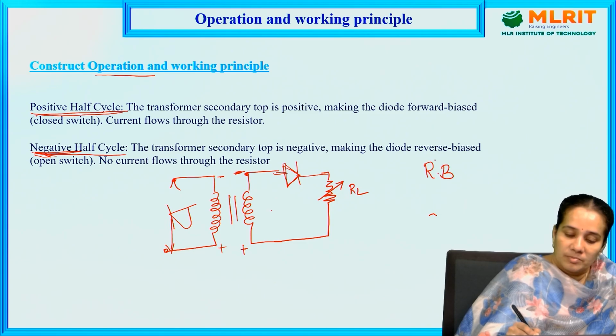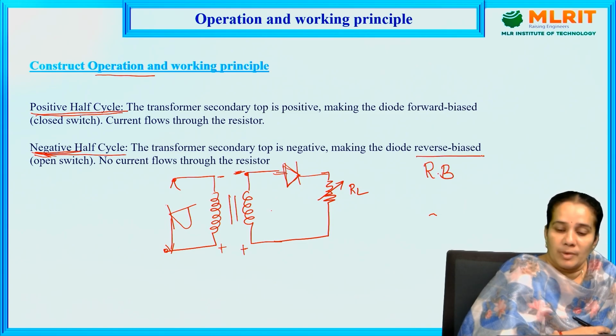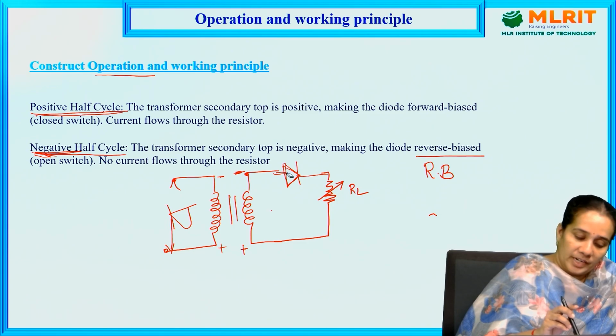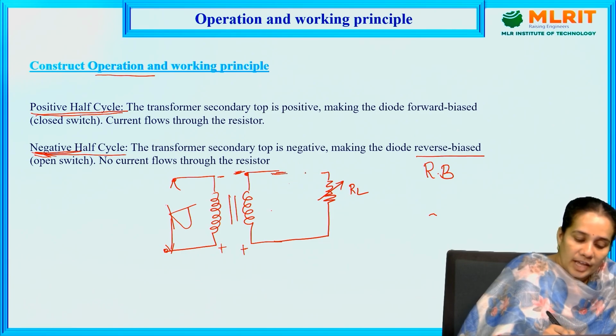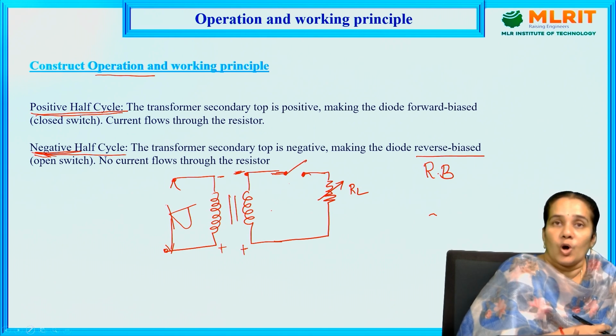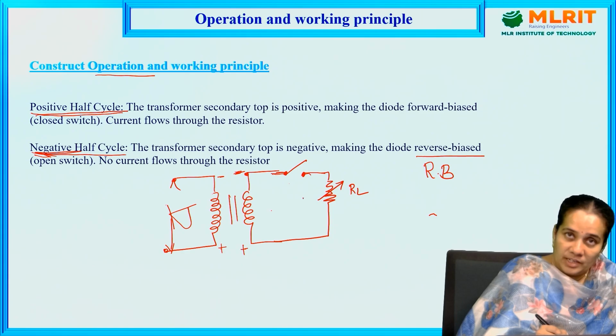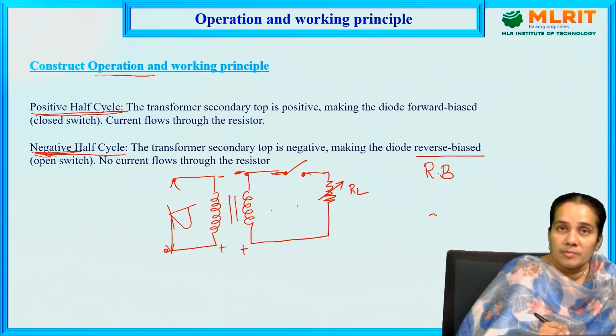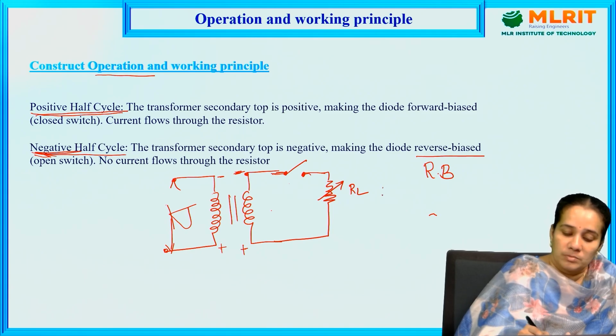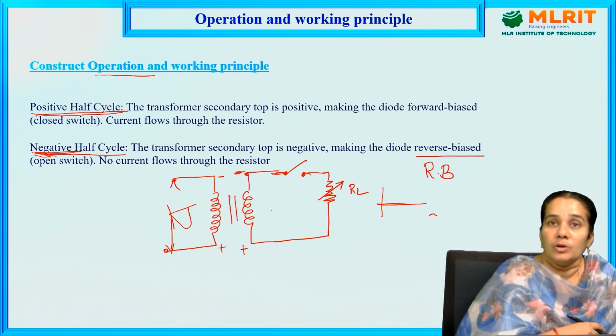In reverse bias, the diode becomes an open circuit. When the diode is open, the circuit becomes open, so there is no current flow. When there is no current flow, the output is equal to 0 volts.